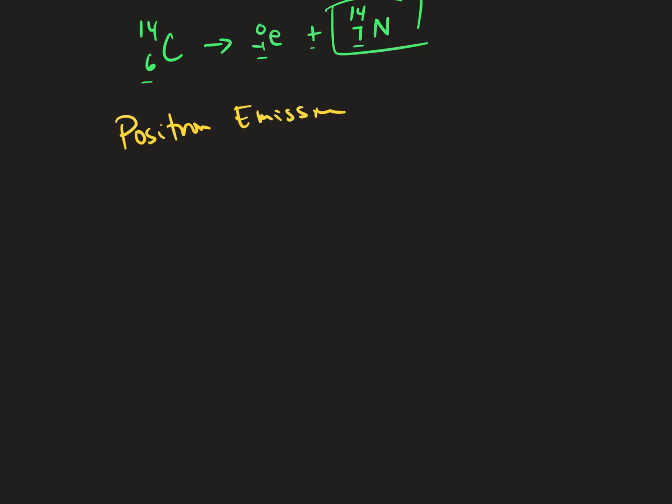So remember, emission means it's coming out of the nucleus, right? So positron emission, we're getting rid of a positron, which is a positive electron, right? So what happens here?